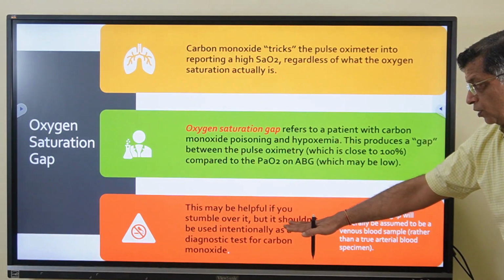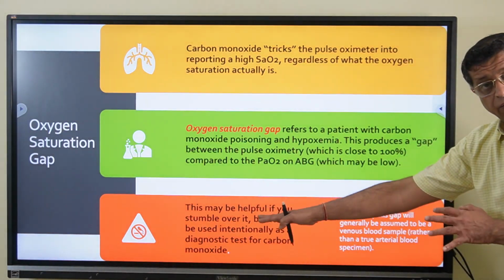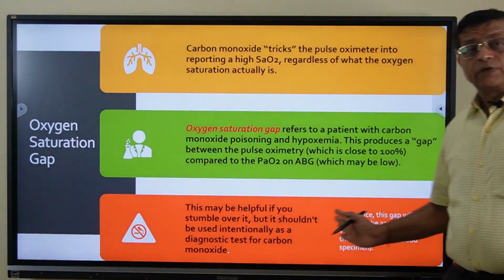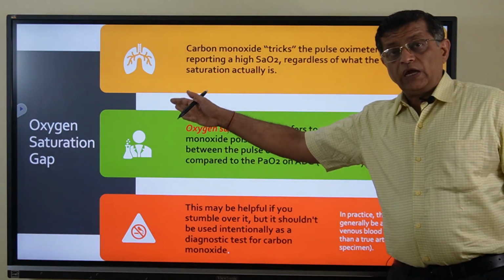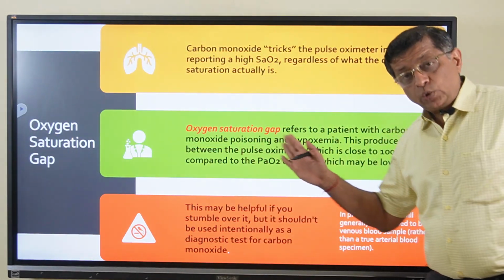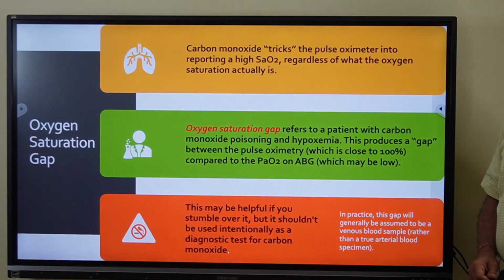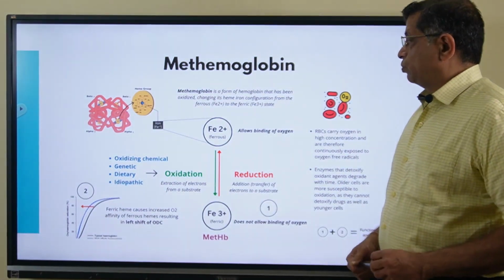This may be helpful if you stumble over it, but shouldn't be intentionally used as a criterion for CO poisoning. So if you see such ABGs, you may interpret that probably this is a venous ABG. So just have a careful look. If the SO2 is normal, SaO2 is normal, but the PO2 is low, in such a scenario, there could be carbon monoxide poisoning.